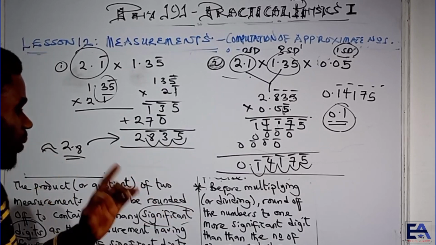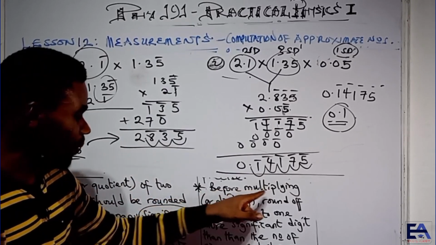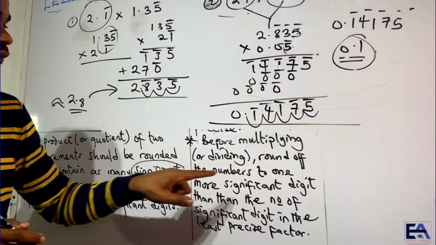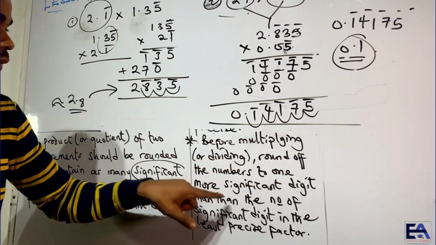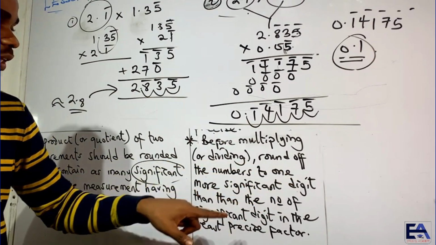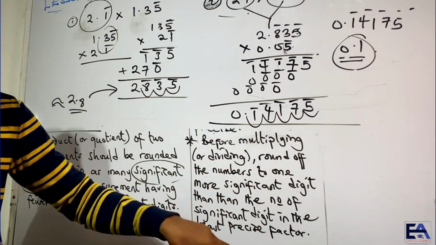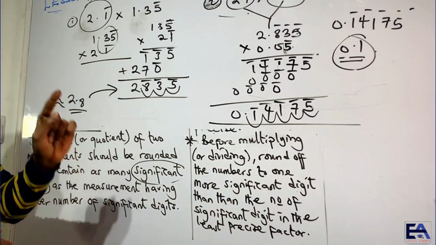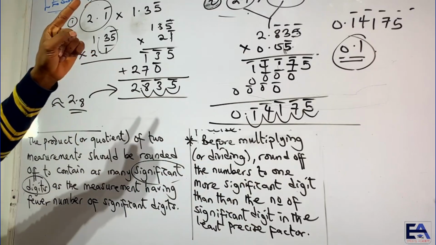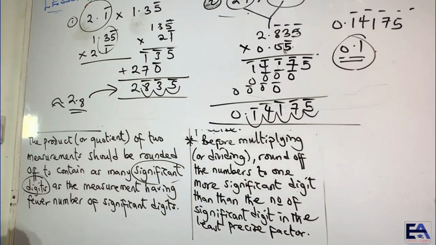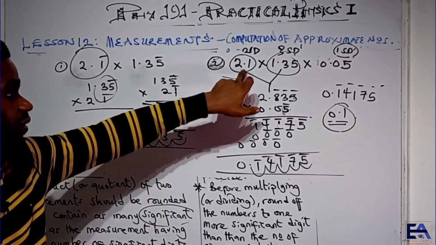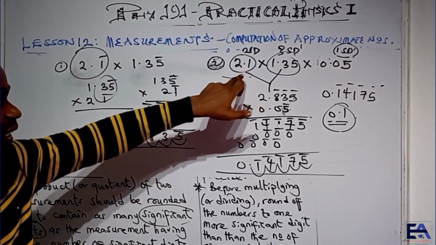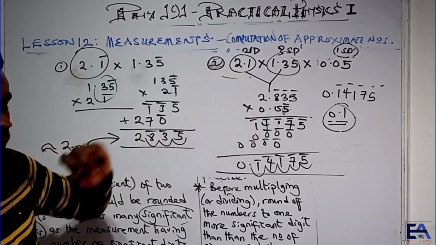You get it now? The labor saving rule is saying that before multiplying or dividing, round off the numbers to 1 more significant digit than the number of significant digits in the least precise factor. The least precise factor among all the 3, the one where the precision is the smallest, is this. And how many significant digits does it have? 2, right?